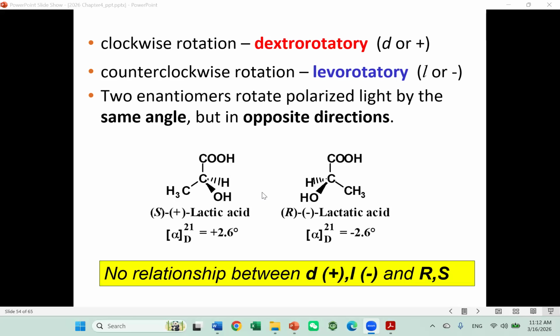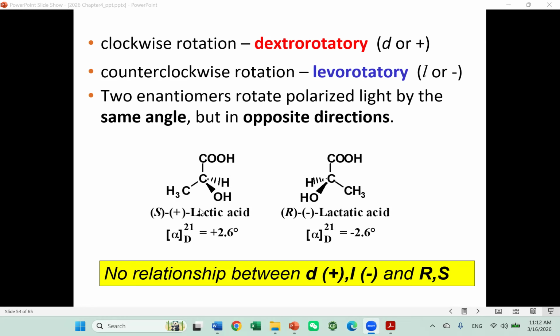All right, one interesting thing is that for two enantiomers, which are mirror images and non-superposable, the plane polarized light is rotated by the same degree but in the opposite direction. So one is dextrorotatory, and the other has to be levorotatory.